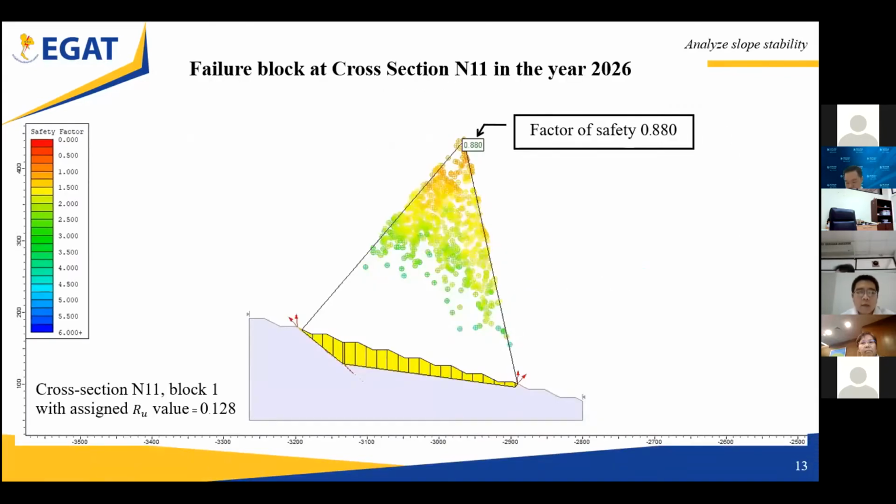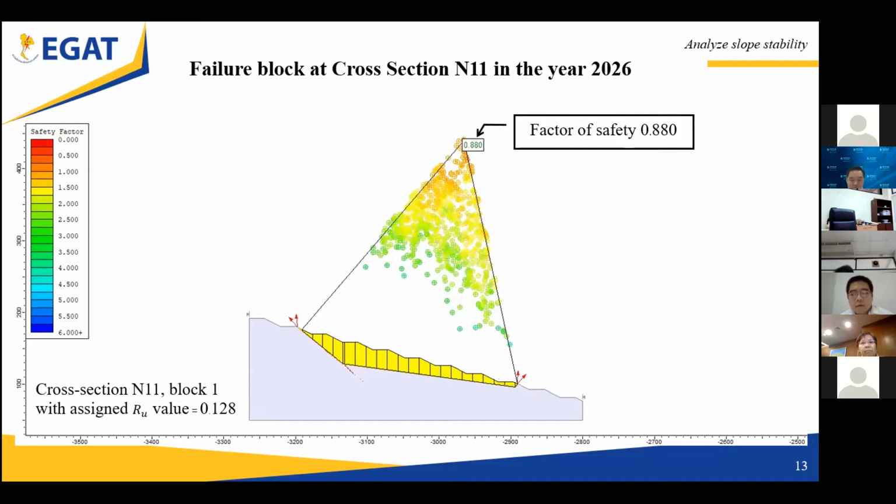Then slope stability analysis uses the method of slices. It is based on limit equilibrium using the Morgenstern-Price method by the Slide slope stability software. Analysis of cross-sections N11 to N18 in C1 west wall indicates that in the year 2026, there is the potential to begin slope stability problems against groundwater pressure.